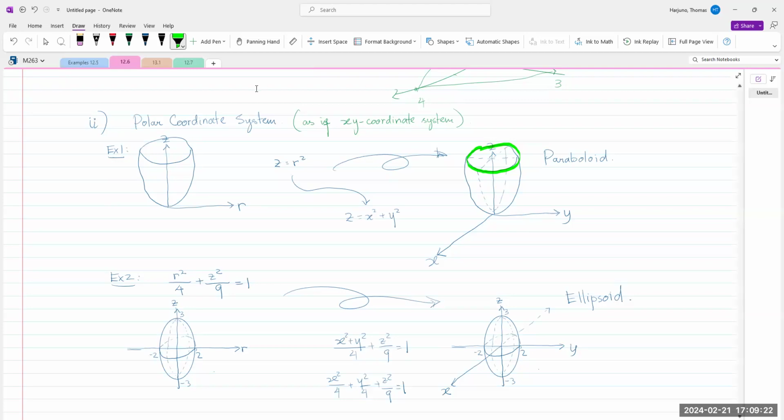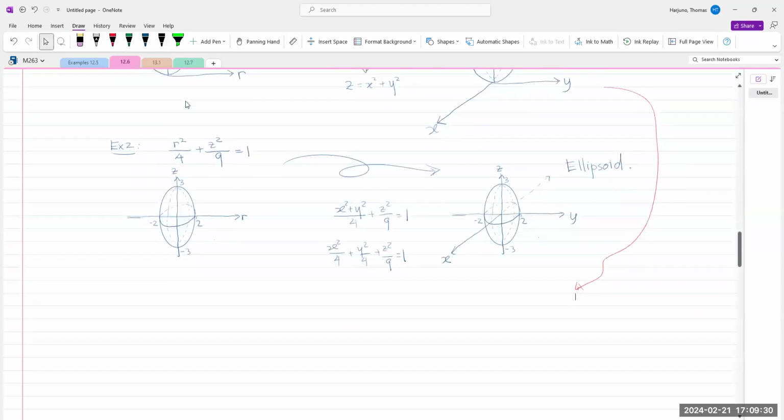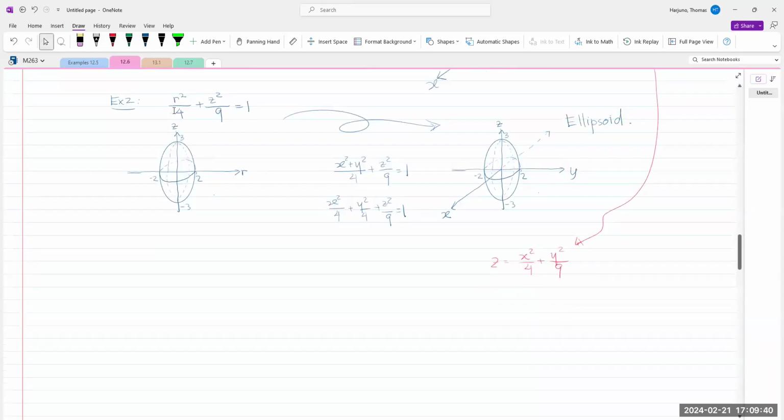Okay. Think about this. Suppose from that example one, let me use red color. I come up with you this way. z equals to x squared over 4 plus y squared over 9. What will that be?